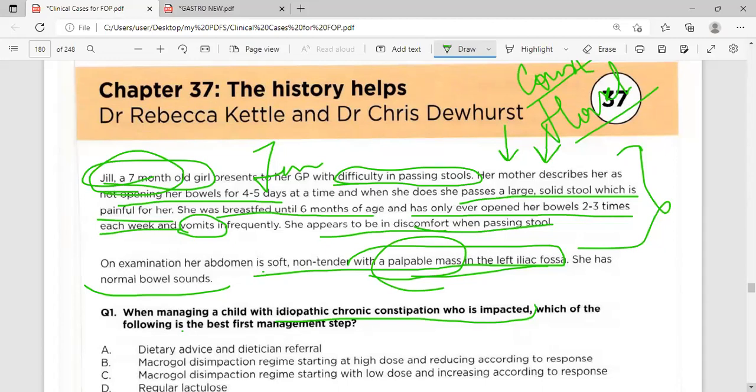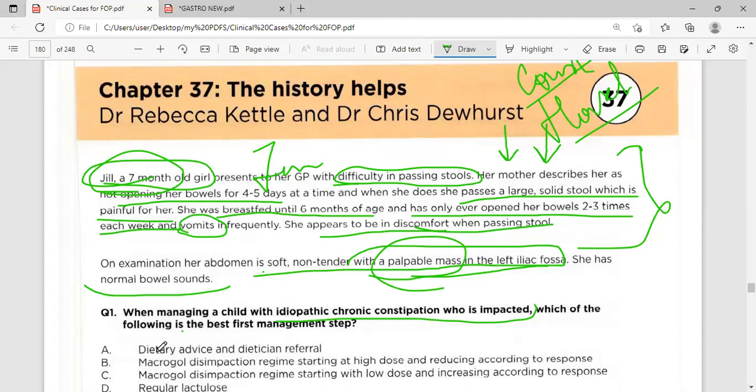Exactly. So whenever a child comes to us with constipation and impaction, our main duty first is to treat the impaction. We'll give fluid and dietary advice later. First, we have to release this impaction. For that, we have to give Movicol or Macrogol.